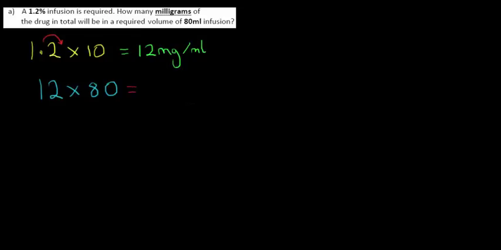I know that 12 times 8 is 96, so 12 times 80 must be 960, and our units are milligrams. Therefore our answer to part A is 960 milligrams, and we're now going to use this as our input for part B.